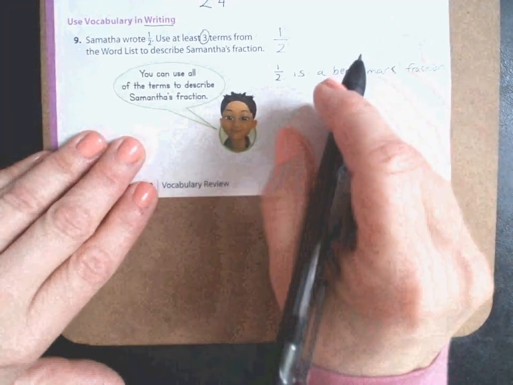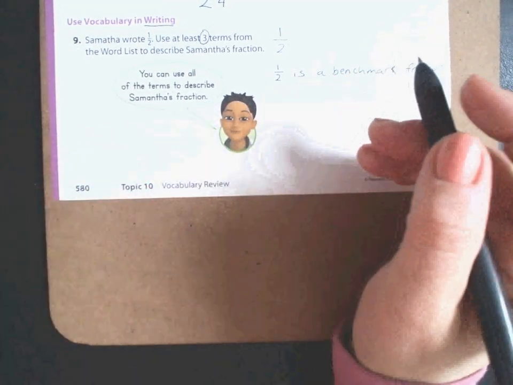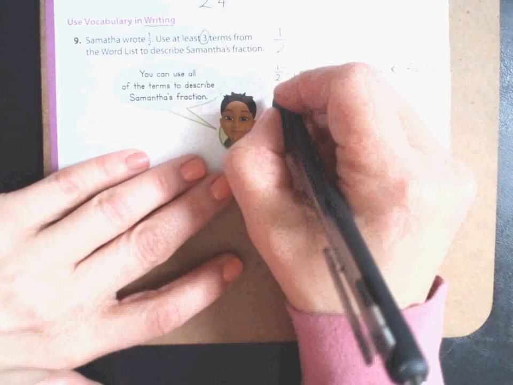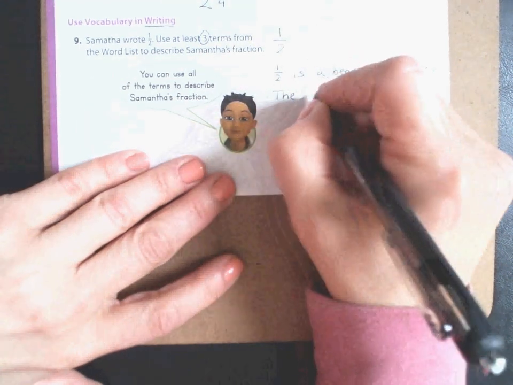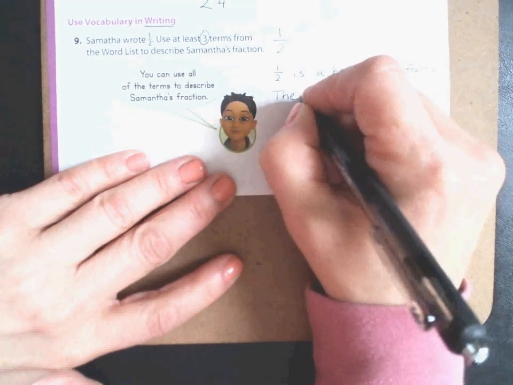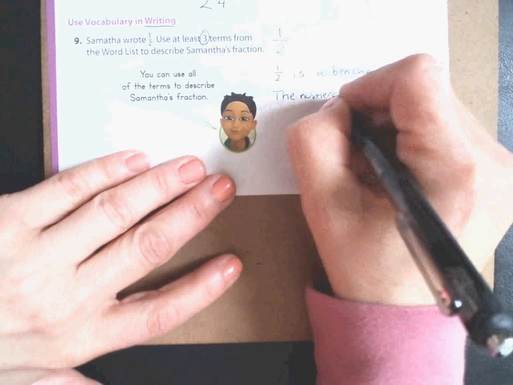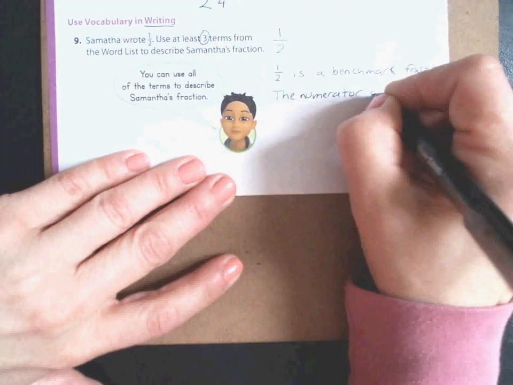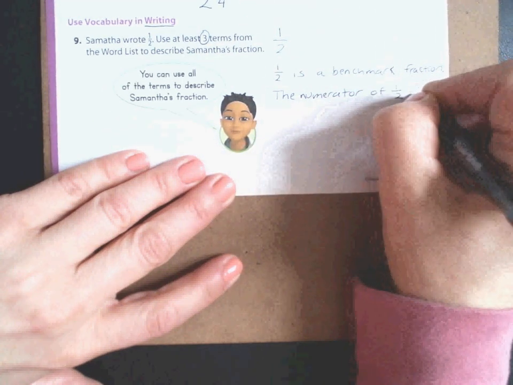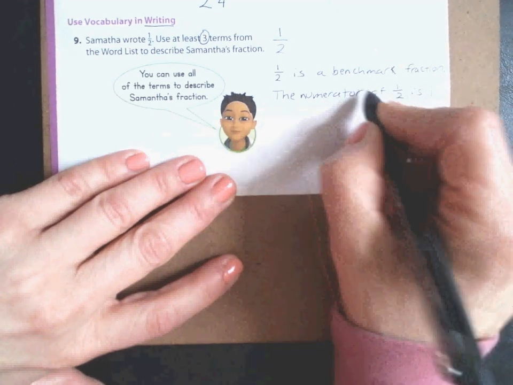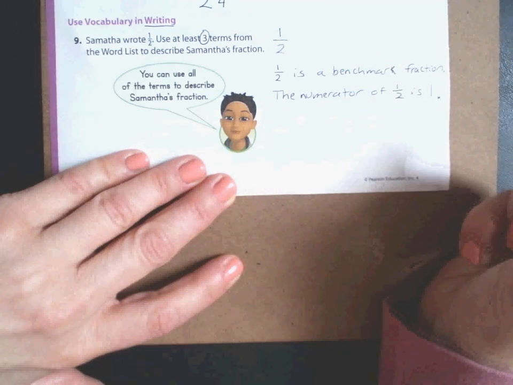You could have also said the numerator of 1/2 is 1, because the numerator is the number on top.